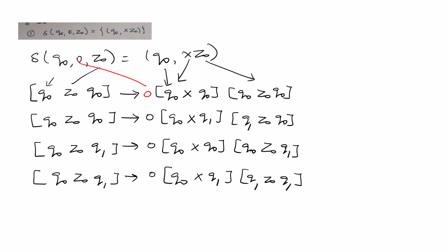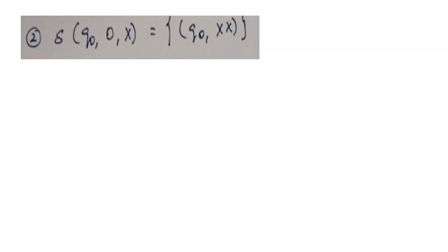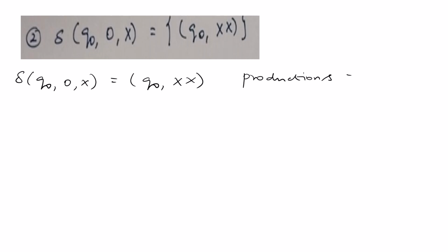So this is the same way we want to try for the next rules. So the next rule we are having here is delta of Q0, comma 0, comma X is equal to Q0, comma XX. So what are then the equivalent productions of the grammar? Again we are going to have 4 productions. So Q0, and then we are having our X here.